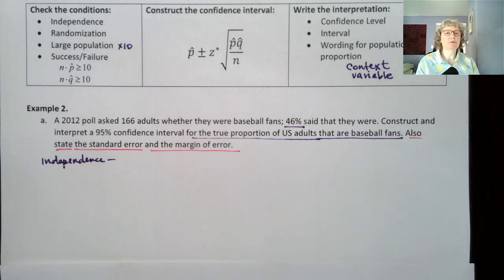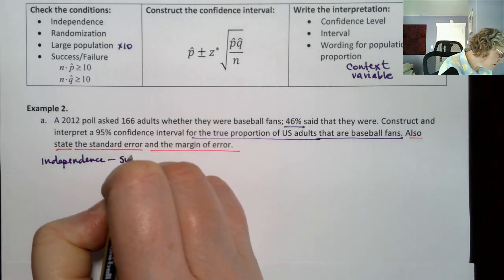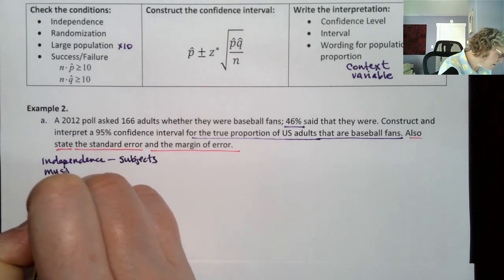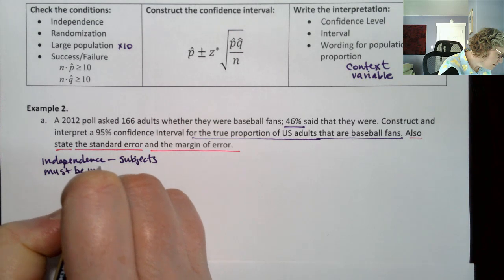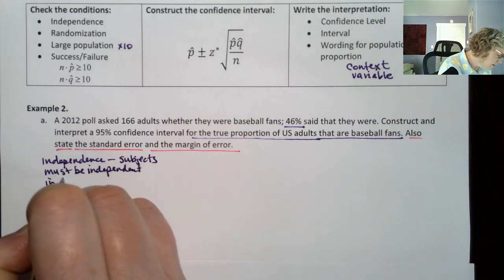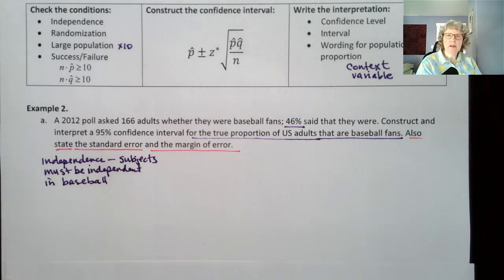We couldn't survey a baseball club, or an intramural league, because people would be more likely to be sports fans. So subjects must be independent in baseball liking, baseball preference.